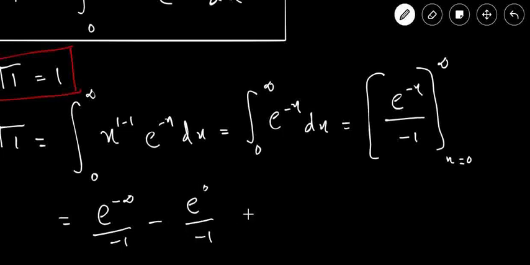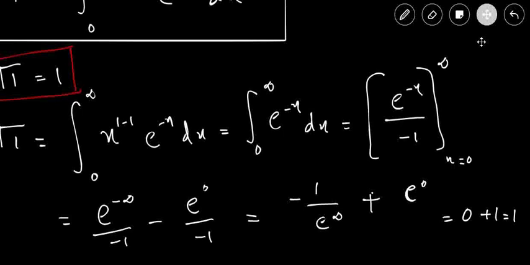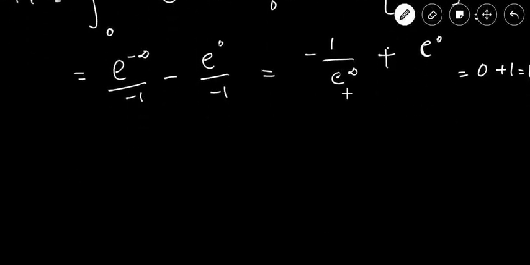This becomes minus 1 by e raised to infinity minus of minus 1, that becomes plus e raised to 0. This is 0 and the answer will be 0 plus e raised to 0 is 1, 0 plus 1 is 1. So we got one of the basic relations, like gamma of 1 equals 1.